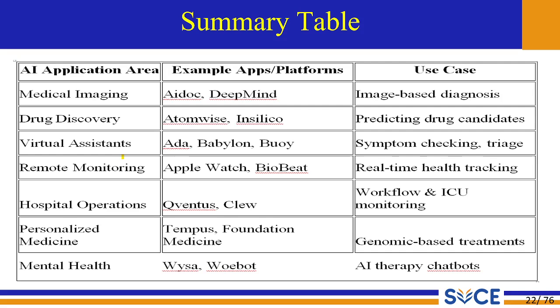Virtual assistants: apps such as Ada, Babylon, and Buoy support symptom checking and triage. Remote monitoring: devices like Apple Watch and Biobeat enable real-time health tracking of heart rate, oxygen, and glucose levels. Hospital operations: Qventus and Clue use predictive analysis and ICU monitoring, reducing wait time.